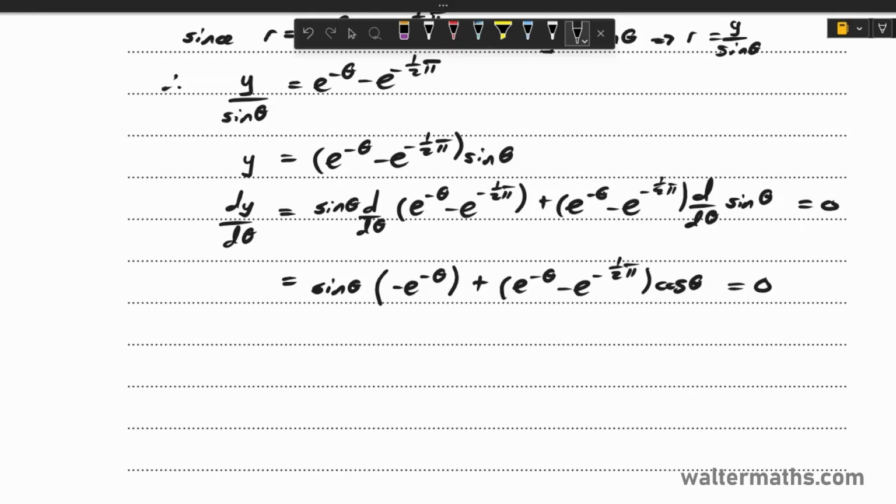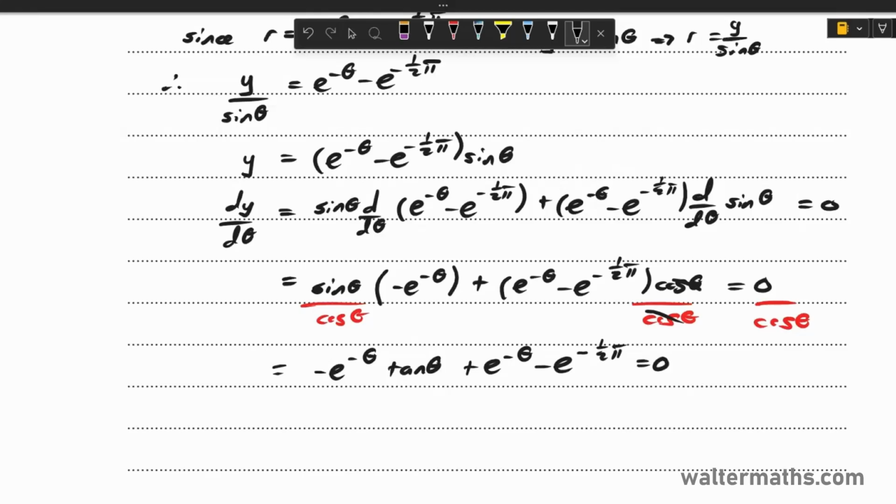All right, so if we divide here by cos theta and here by cos theta, and on the right side again by cos theta, we will be having on the left side minus e to the minus theta of tan theta, and here they will cancel and we'll be having e to the minus theta minus e to the minus half pi equal to 0.